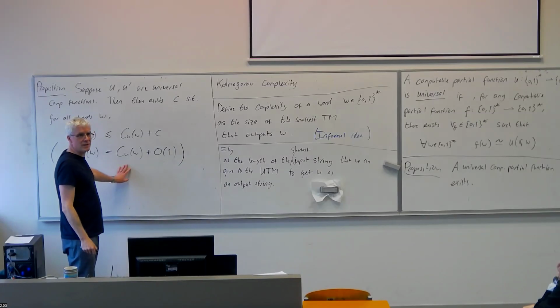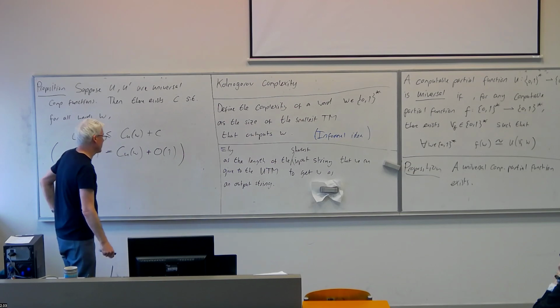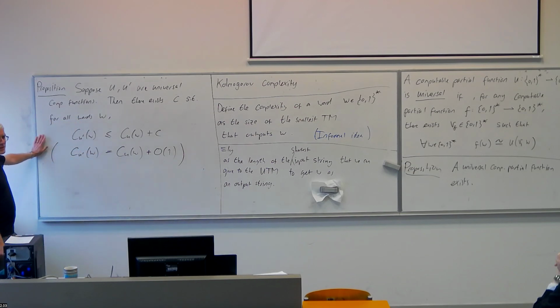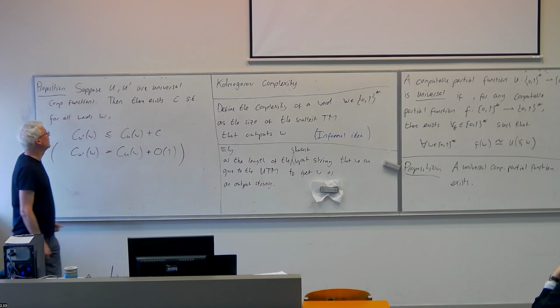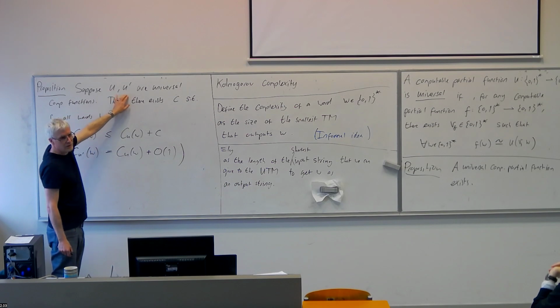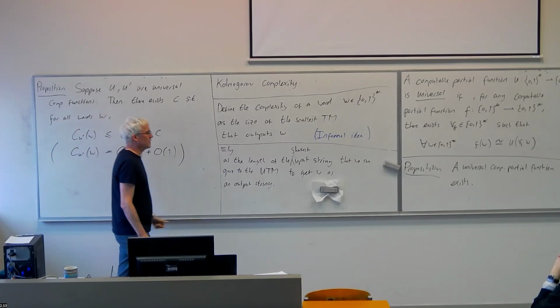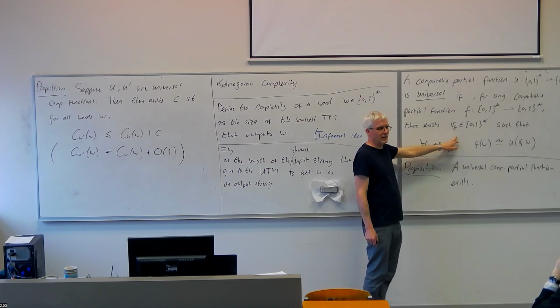This is proved in detail in the notes. It's a very short proof. I don't want to give the detailed proof here because it takes time to write things on the board, but the idea is simply this: we've got two different universal functions. Let's work with the universal function U and then consider U prime. U prime is a computable function, so there's a finite word V sub U prime that represents that computable function.